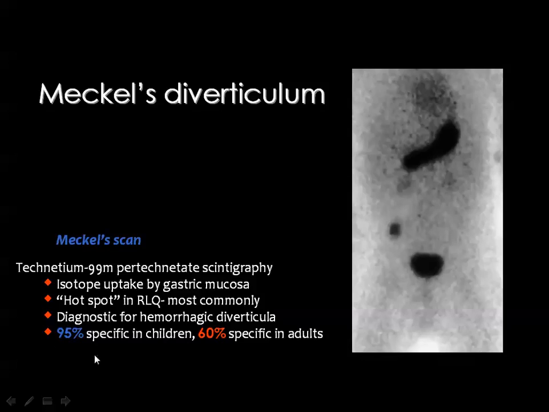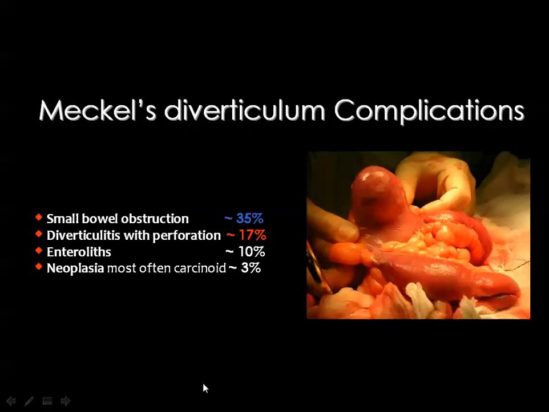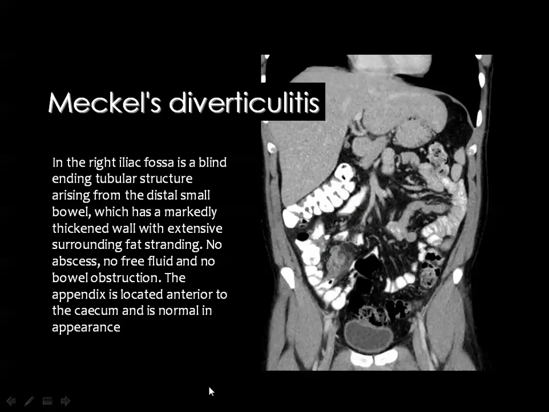This sign is specific in about 95% in children and 60% in adults. These are the complications of Meckel's diverticulum, which include small bowel obstruction secondary to inflammation, diverticulitis and perforation, enteritis, and the development of neoplasia, especially carcinoid tumor.